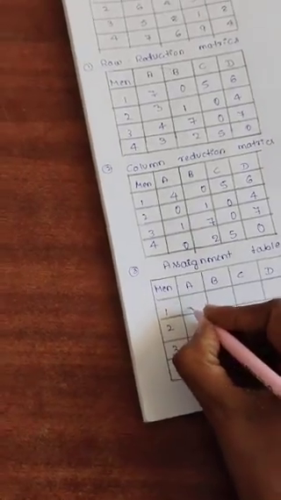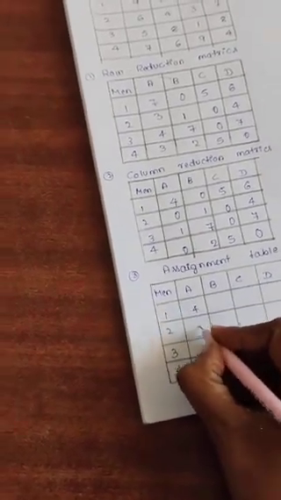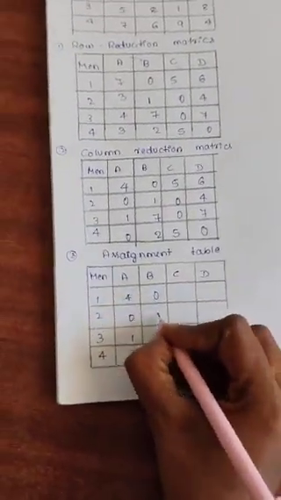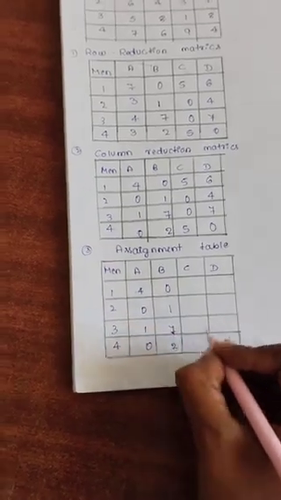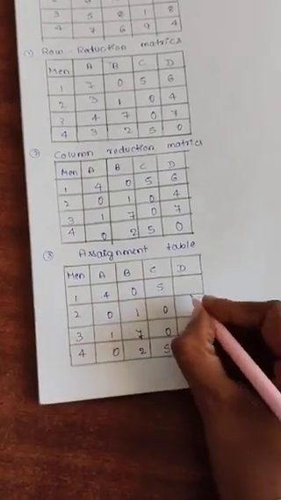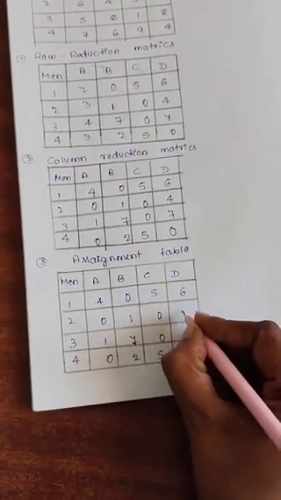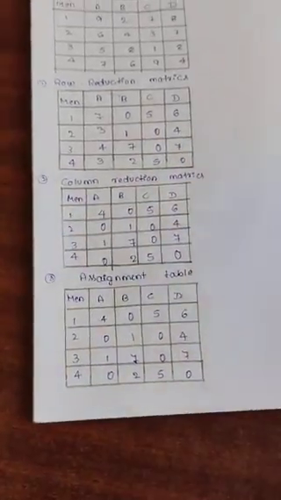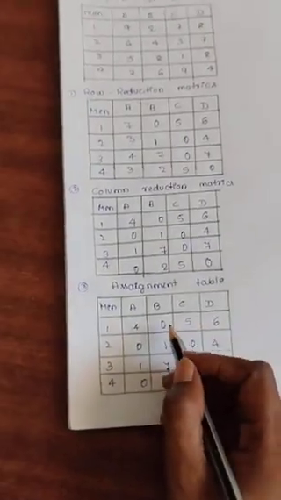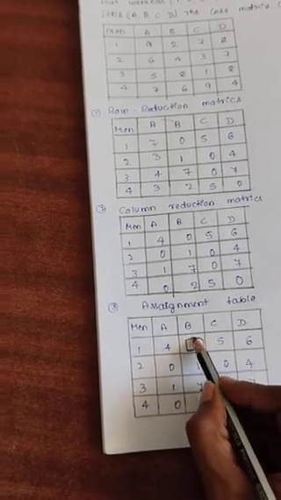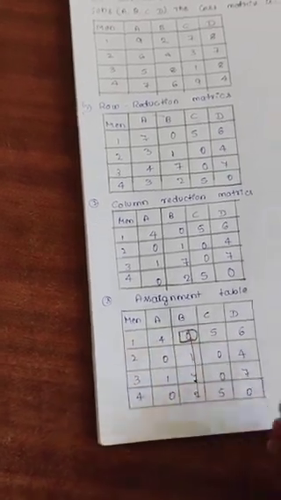The column reduction matrix is: 4 0 1 0, 0 1 7 2, 5 0 0 5, 6 4 7 0. This row has one 0, make a column.